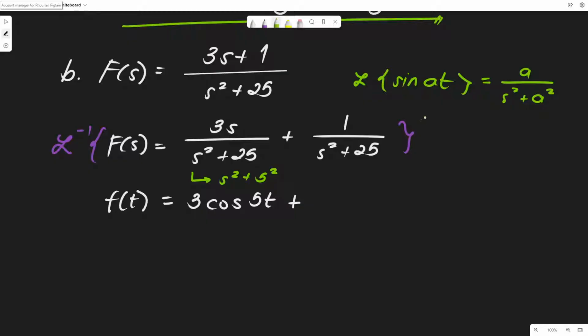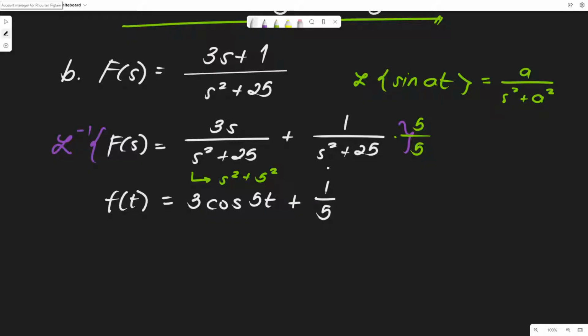So what we will do, ano bang gagawin natin? Pwede akong mag-multiply dito lang sa second term ng 5 over 5. Para yung 5 ililipat ko dito para ma-satisfy ko yung formula ng sin at. Then yung 1 over 5 na maiiwan, i-consider ko siya as constant.